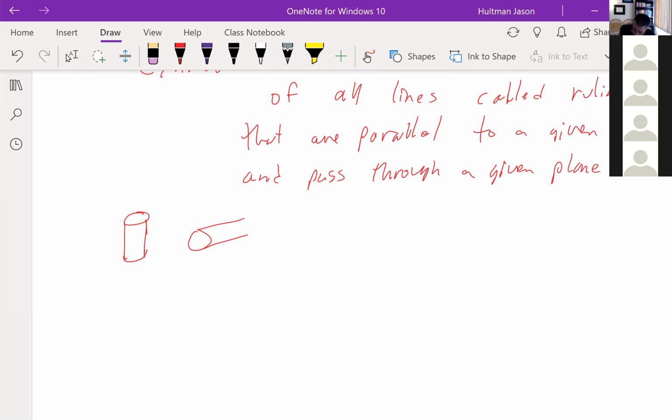But it doesn't have to look like that. These are the rulings that are all parallel to each other. It could look like this in 3 space. It doesn't have to be a circle.